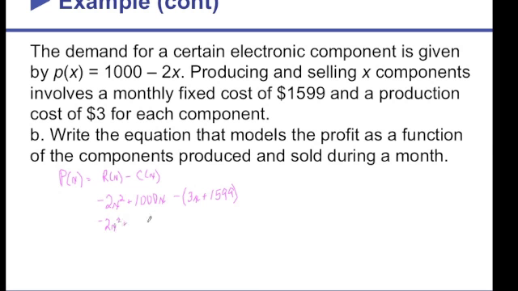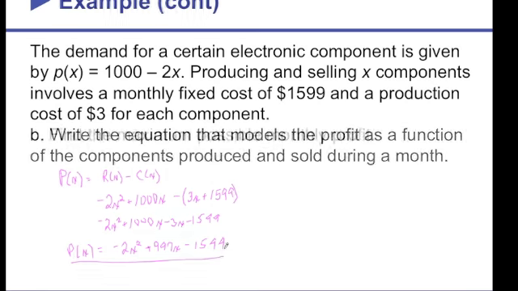Negative 2x squared plus 1000x minus 3x and minus the 1599. So my profit turns out to be negative 2x squared plus 997x minus 1599. And this is my profit function.